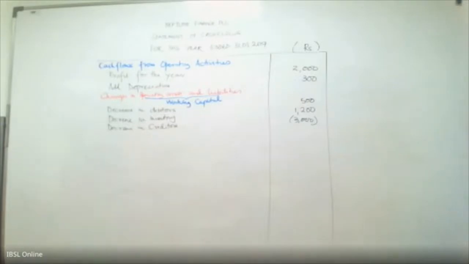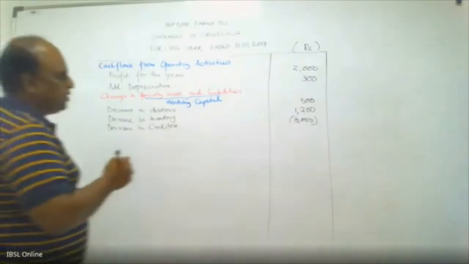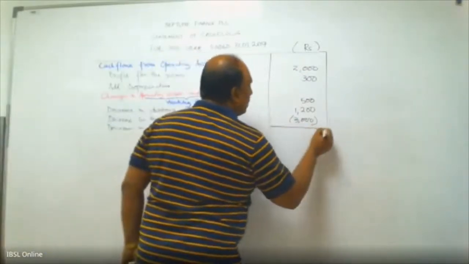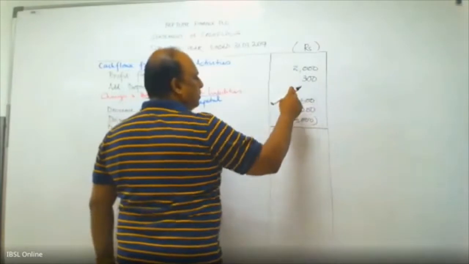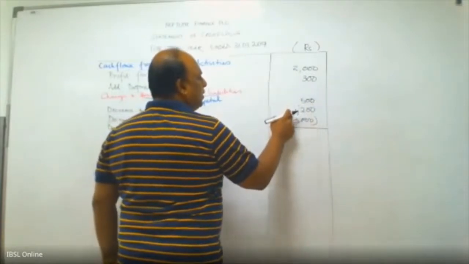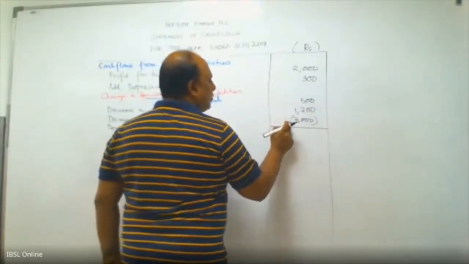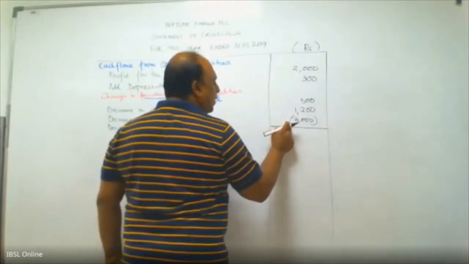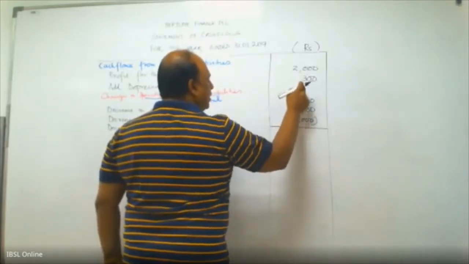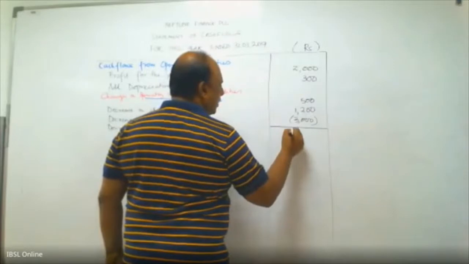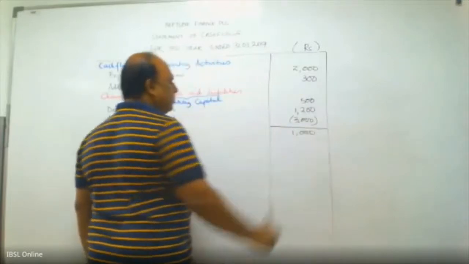So that is all about operating activities, right? So let's now total this. 2000, 3200. When you remove 3000, it is 200, 800, sorry, 500, 500, 1000, I think. Is it 1000?